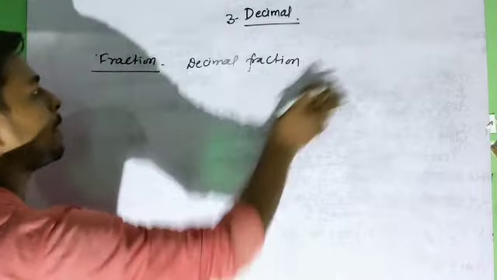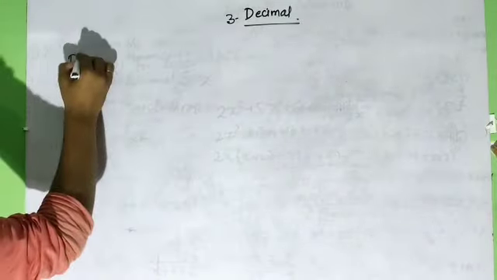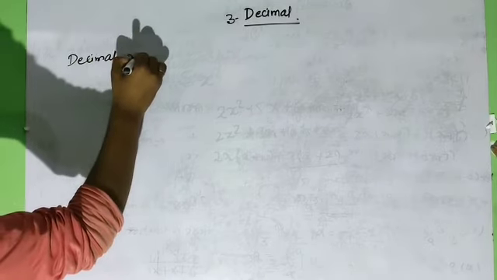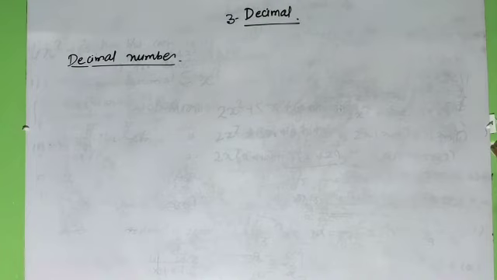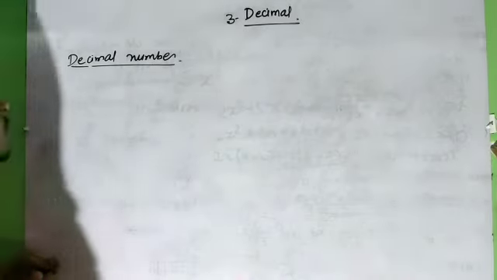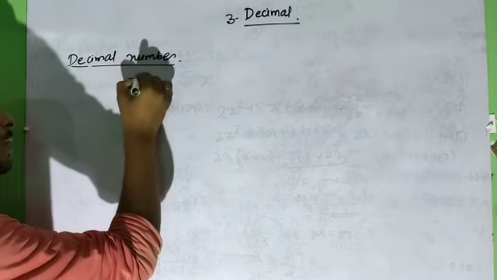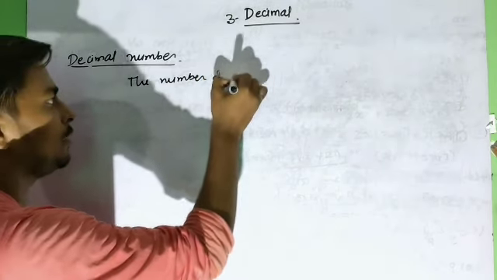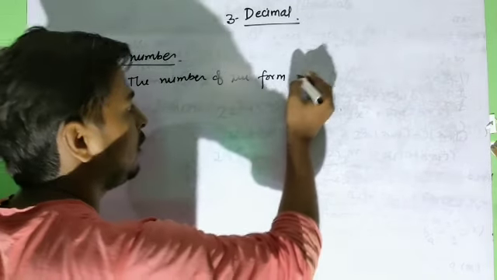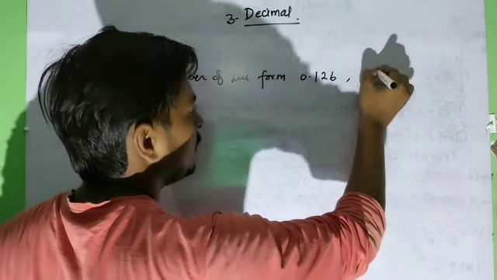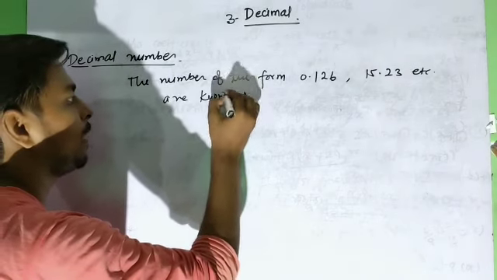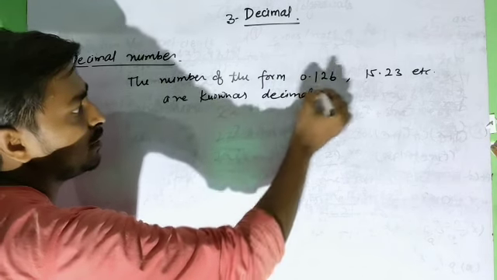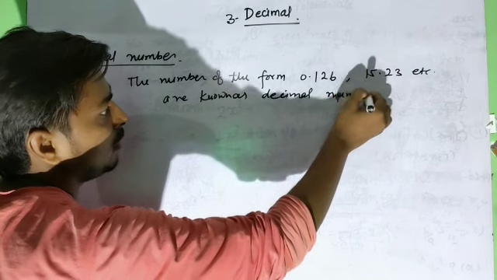Our definition of a decimal number: we will define it with examples. Numbers of the form 0.126, 15.23 etc. are known as decimal numbers.